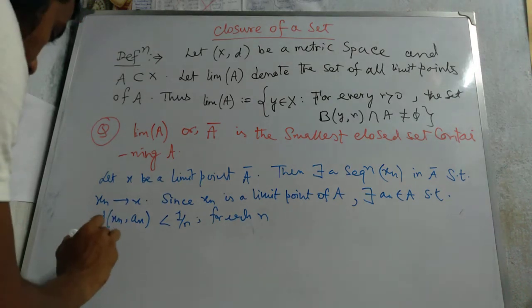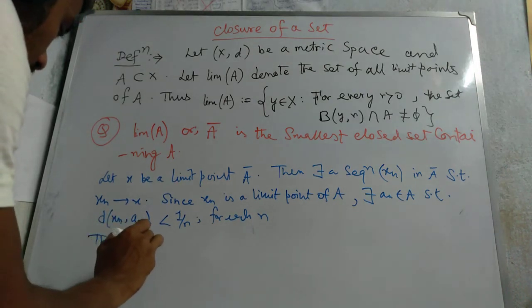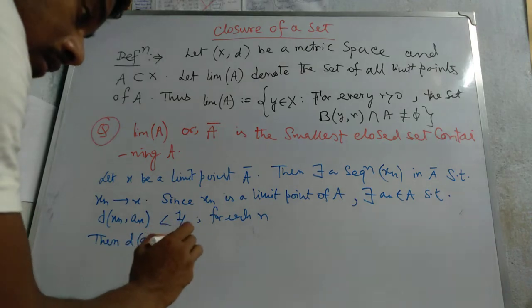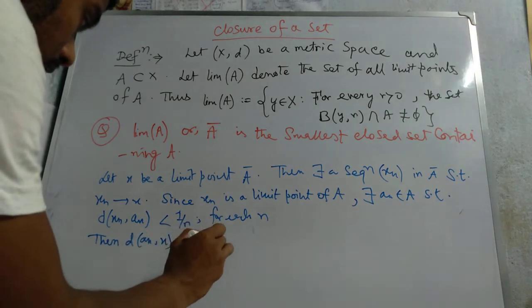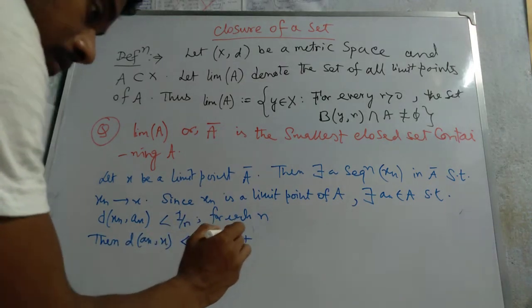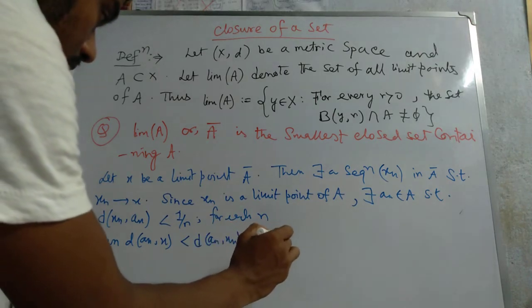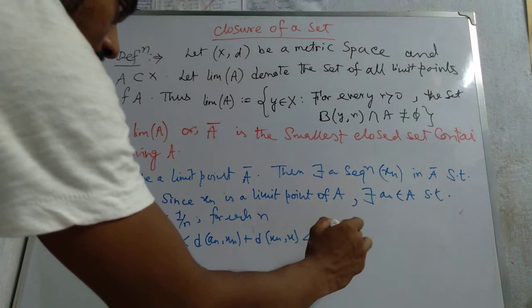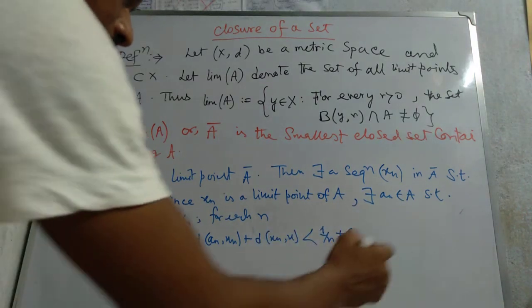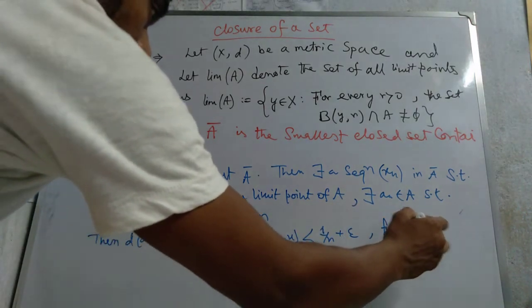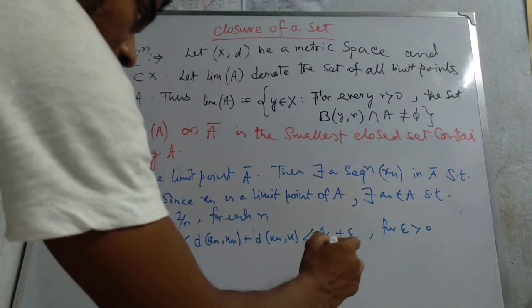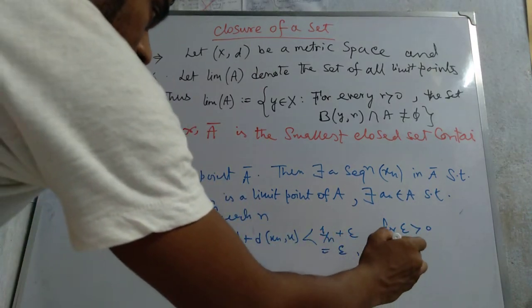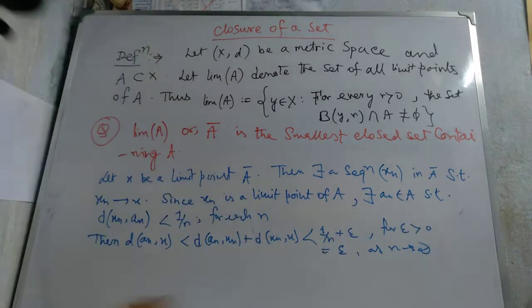Then d(an, x) is less than d(an, xn) plus d(xn, x), which is less than 1/n plus epsilon, for epsilon greater than 0, equal to epsilon as n tends to infinity.